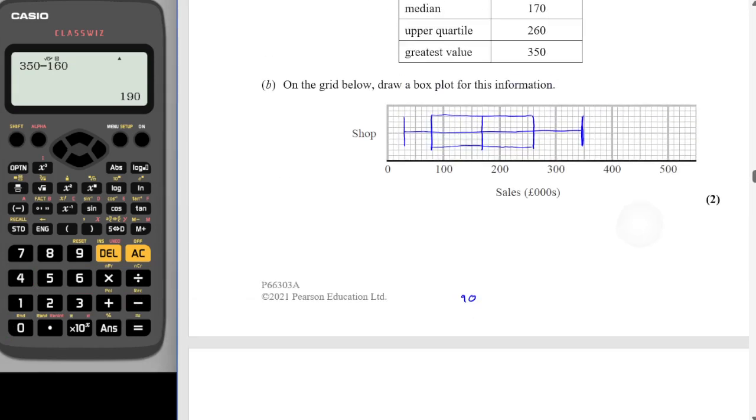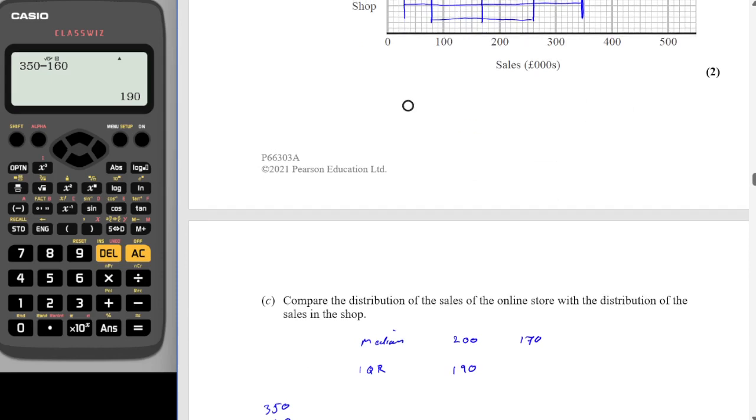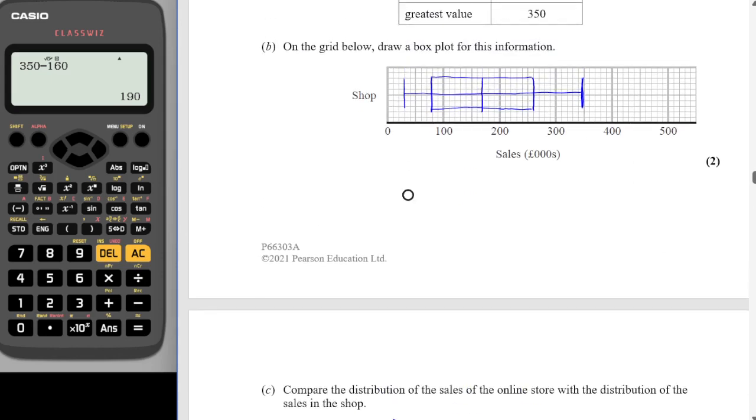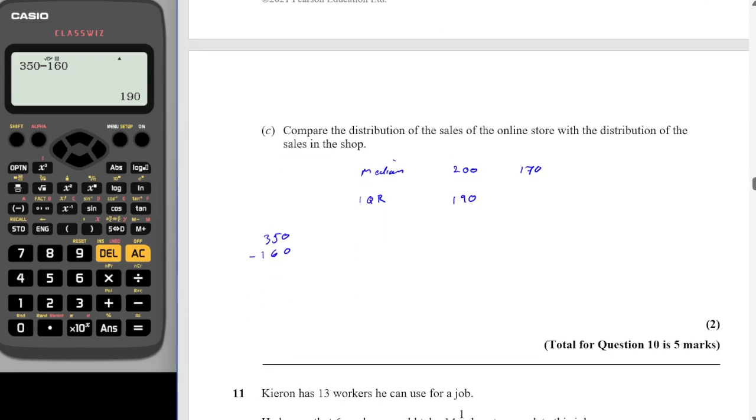And then for the other one, we've got the values here. 260 minus 80, which is going to be 180.